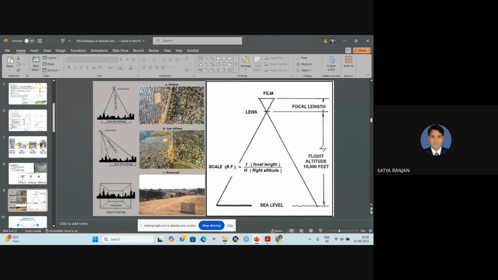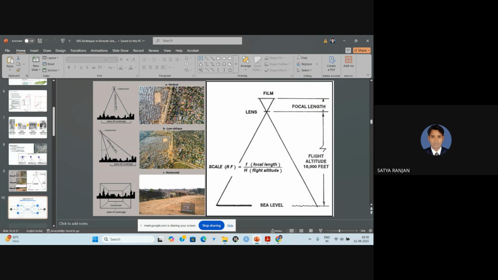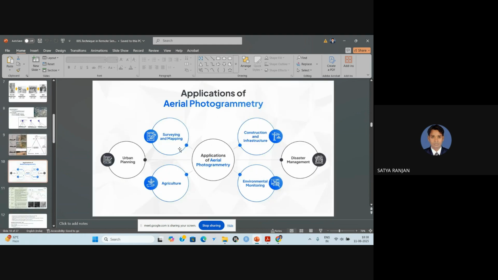So this is one picture of the vertical, then low oblique, then horizontal. These are the examples. Then this is the application of aerial photography: a lot of applications like survey mapping, urban planning, agriculture, environmental monitoring.